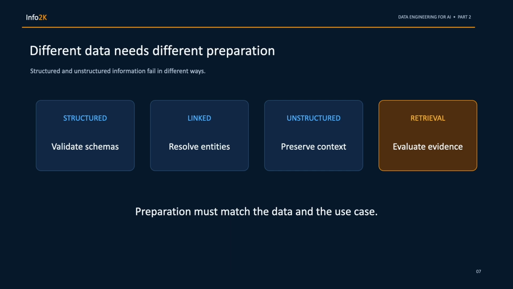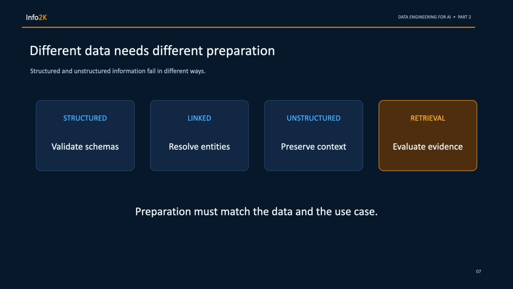The word link on this slide is especially important. Records and documents need to remain connected to the correct customer, patient, product, case, or business process, and retrieval must be evaluated. It is not enough to generate embeddings and confirm the search returns something.